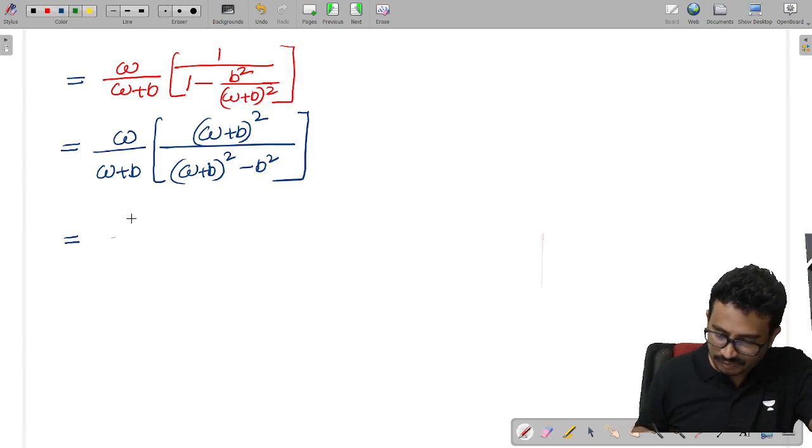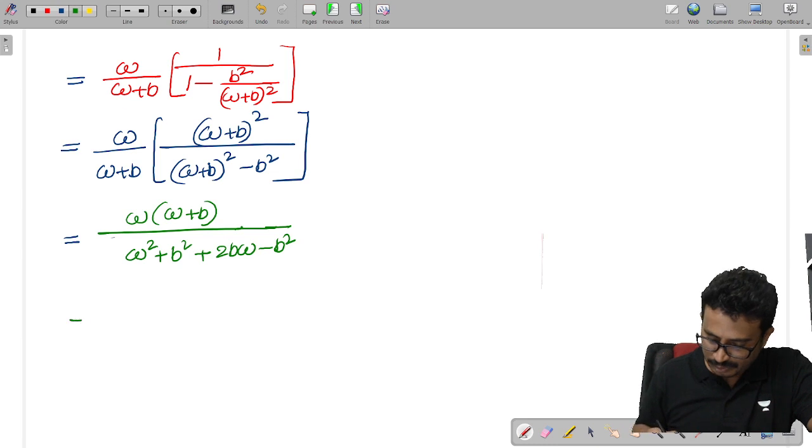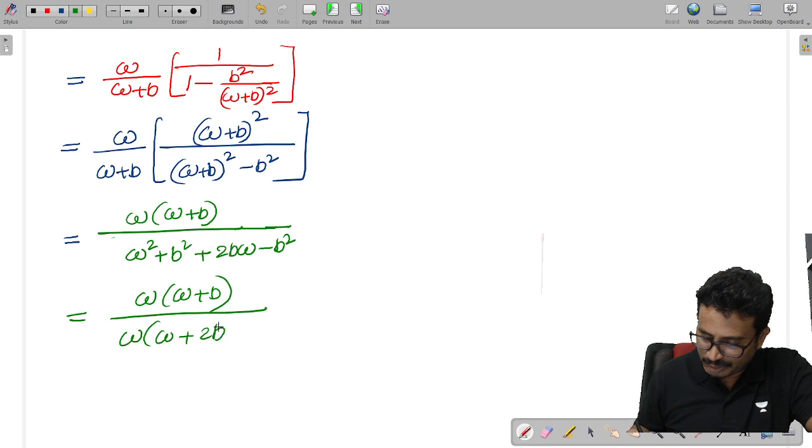So what we have left in the numerator: W square plus B square plus 2BW minus B square. B square will get cancelled, W into W plus 2B.